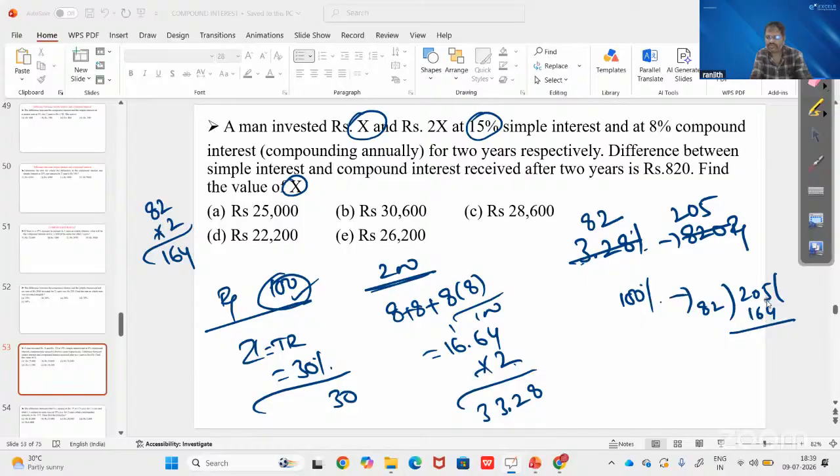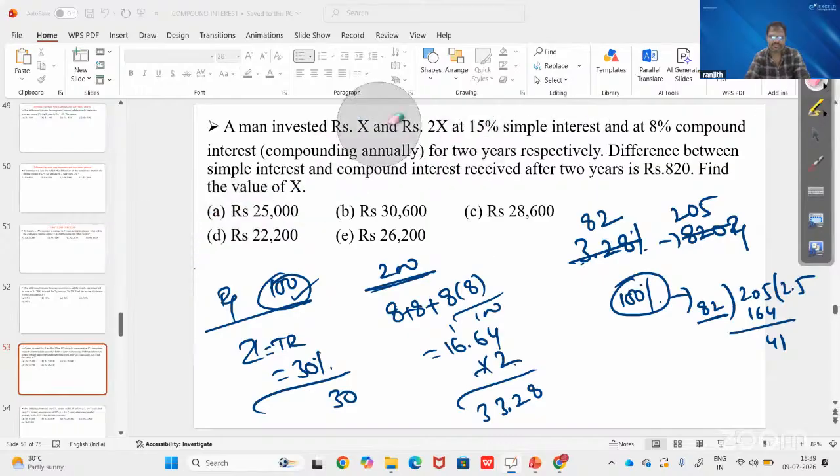Half of 164 is 82, half of 82 is 41, which is nothing but 2.5. So 2.5 into 100 is 250, and then times 100 equals 25,000. Answer is 25,000.